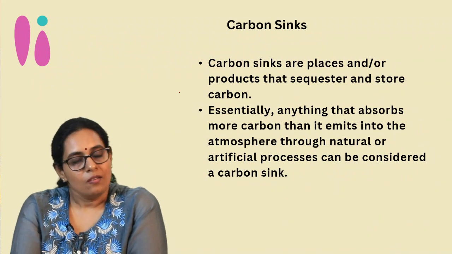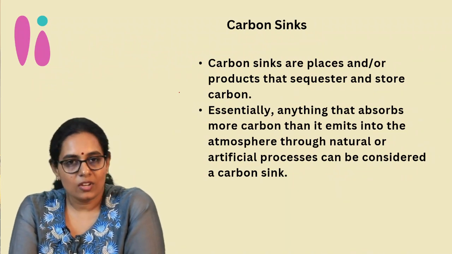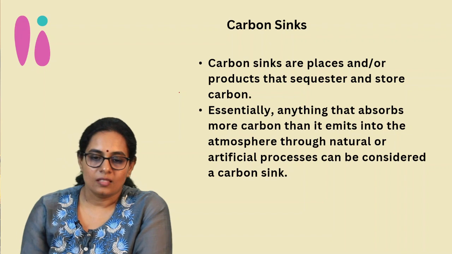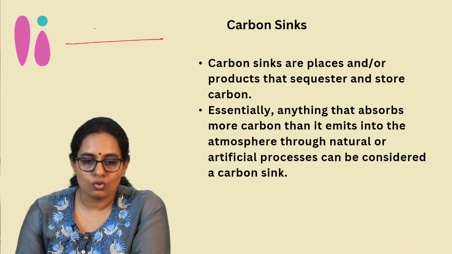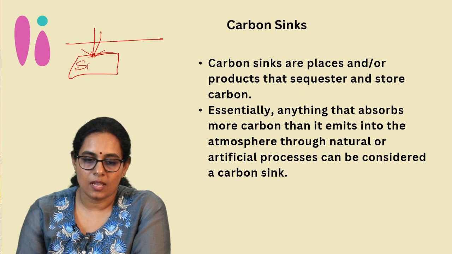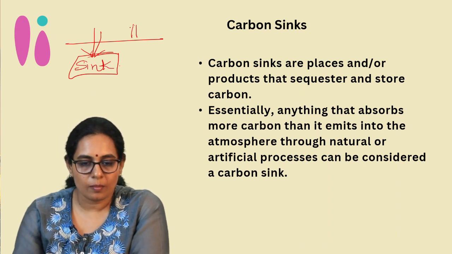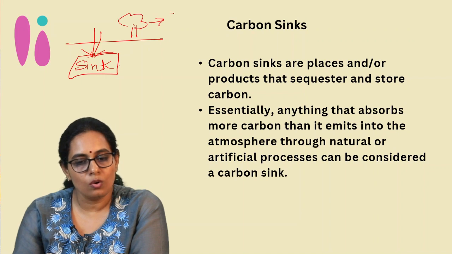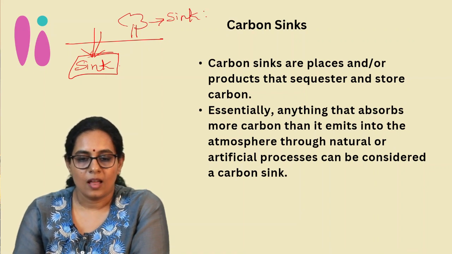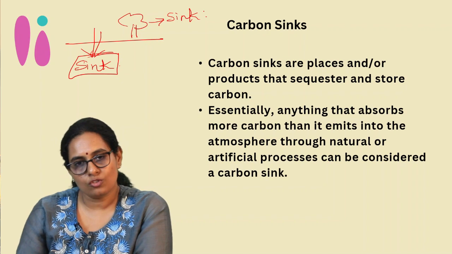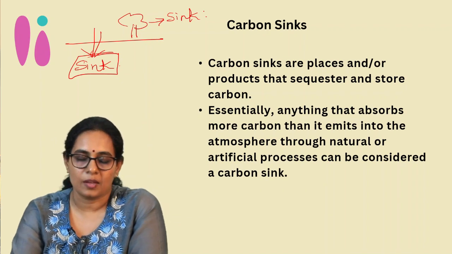Now, we capture carbon and we store carbon. The place where you store carbon is called as a carbon sink. If plants store carbon, then plants are also sink. Any place that stores carbon is a sink.